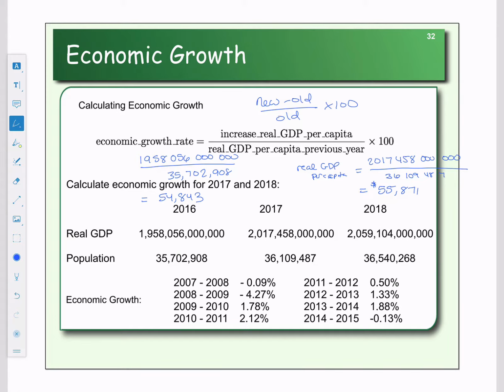Now, once we know the real GDP per capita for 2 years, to find the economic growth rate we're simply doing new minus old divided by old.